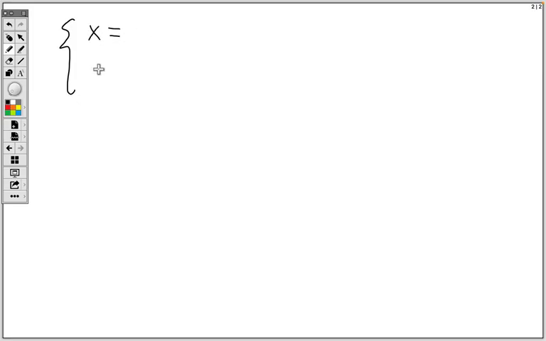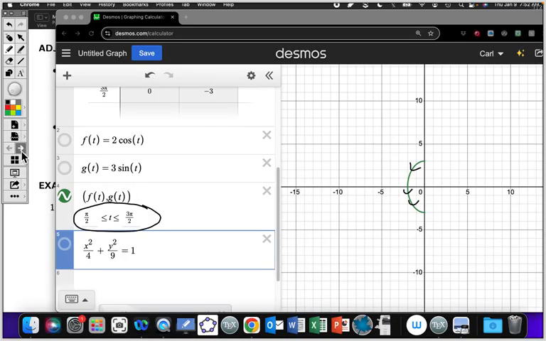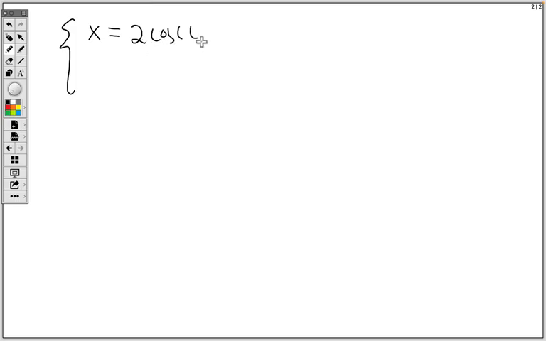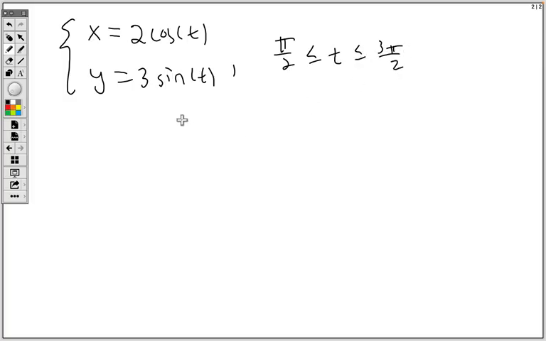All right, well, we're going to start with the parameterization we have, x is 2 cosine t, and y is 3 sine t for t between pi over 2 and 3 pi over 2. And if I want to reverse the orientation, I'm just going to basically run time backwards.